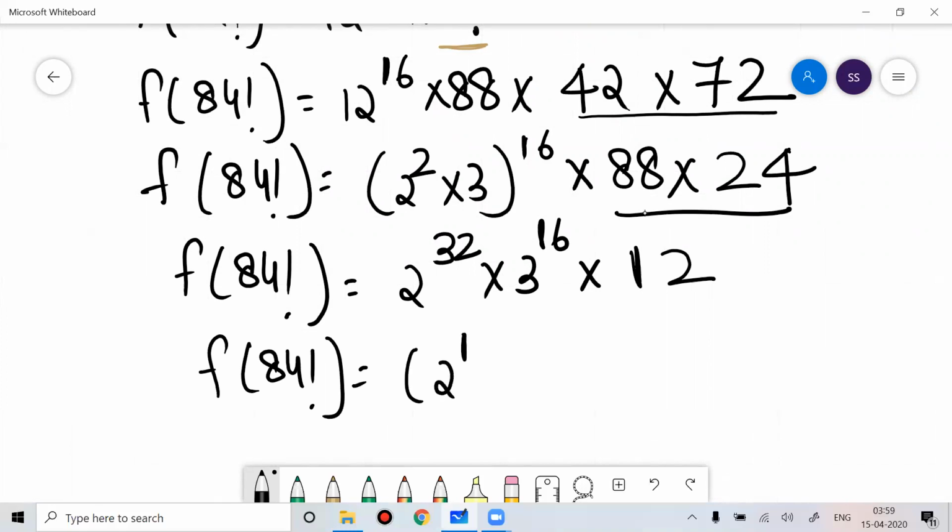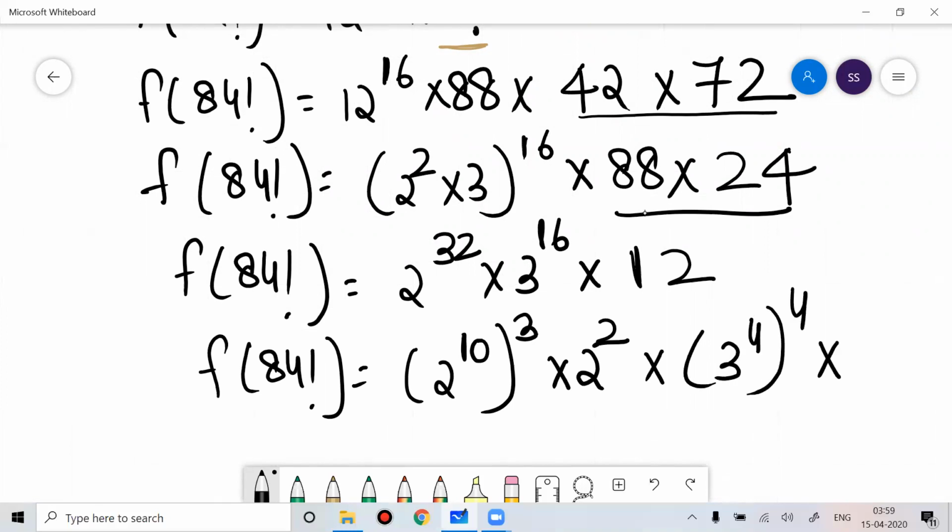Okay, now going further, for 84 factorial, what is 2 to the power 32? I can write 2 to the power 10 to the power 3 into 2 to the power 2. Now 3 to the power 16, I can write 3 to the power 4 to the power 4, which is 16, into 12. Why am I writing like this? I hope you know how to find the last two digits of an even number and an odd number.